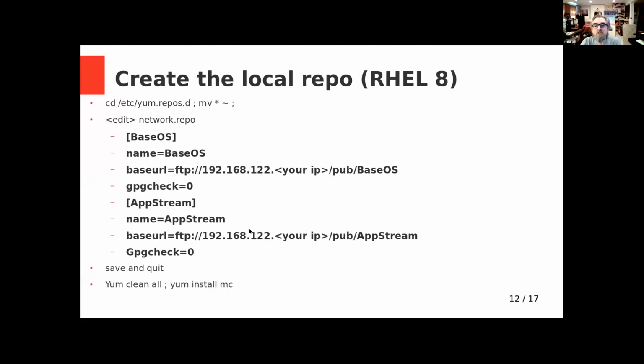The next thing we're going to do, I'll explain this a little bit up front. We're going to create a file to tell the system when you want updates or you want to install new software, you go to this FTP server. In this case, the FTP server is actually going to be itself. So we're being a little self-referential here. You'll actually be accessing the FTP server on the local machine.